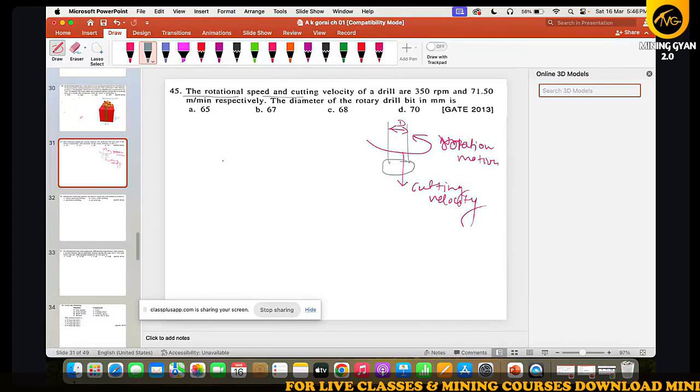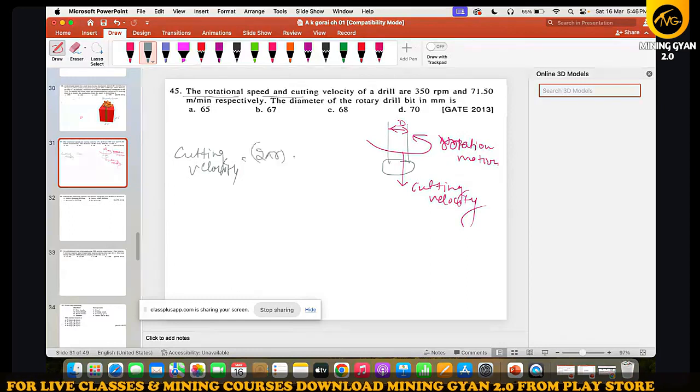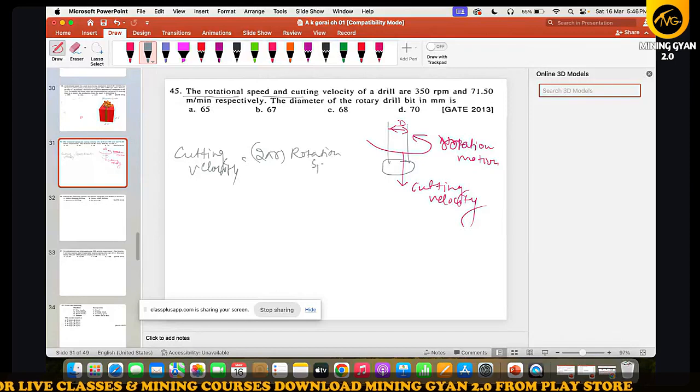So for this cutting velocity, the formula is 2 pi r into rotation speed. We can also write it as pi d.